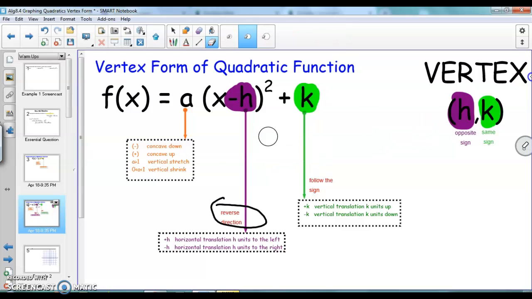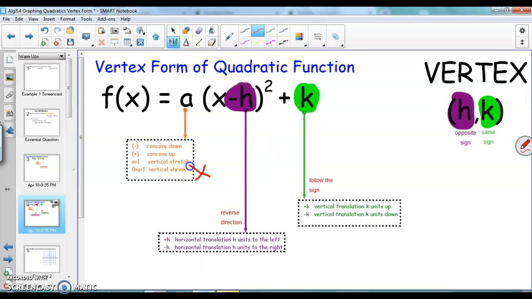Conversely, if I have something like x plus 3 to the second power, then the positive 3 here means horizontal translation 3 units to the left.